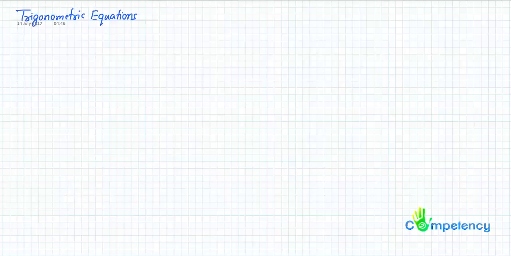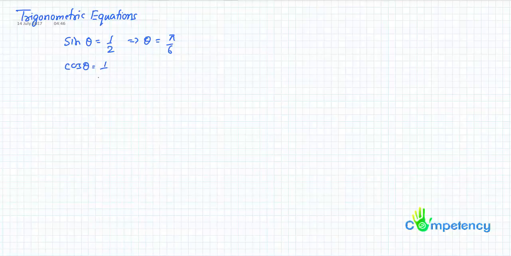For example, if we take simple examples like sine theta is equal to 1 by 2, that means this theta is equal to pi by 6. In the same way, if cos theta is equal to 1 by root 2, that means this theta will be pi by 4.